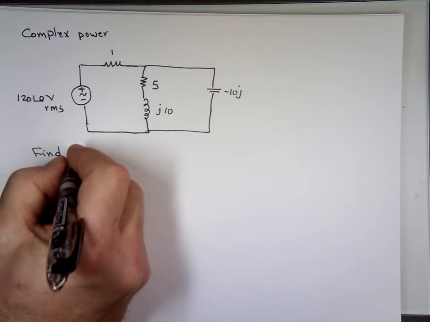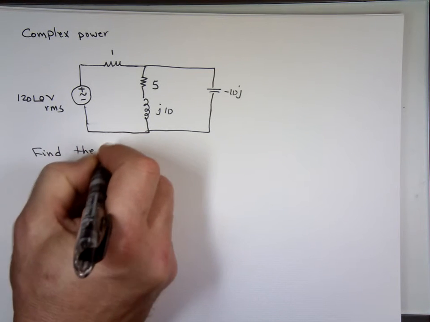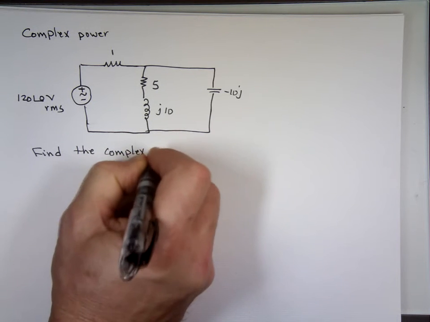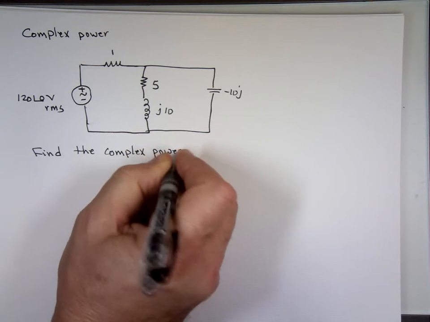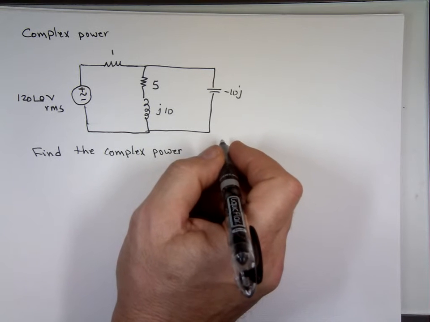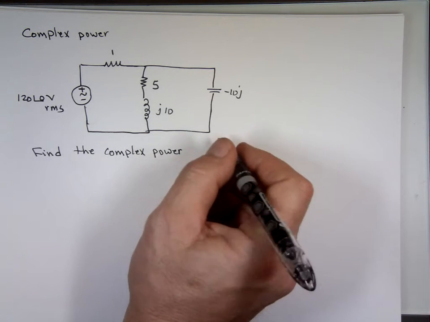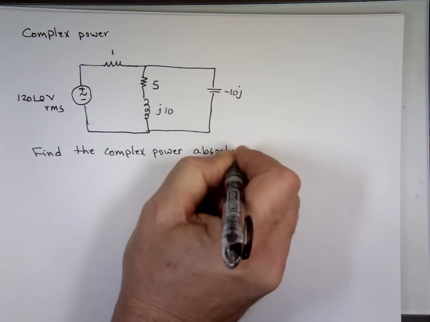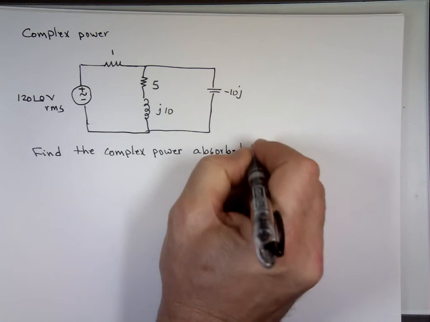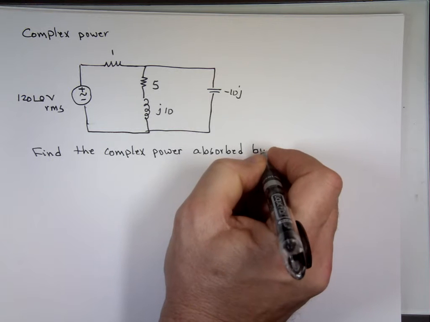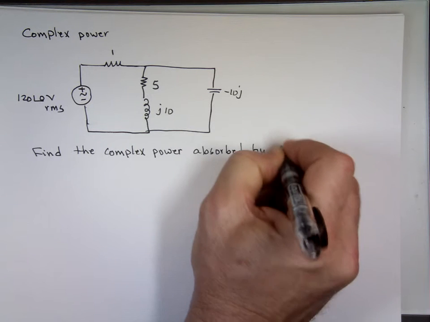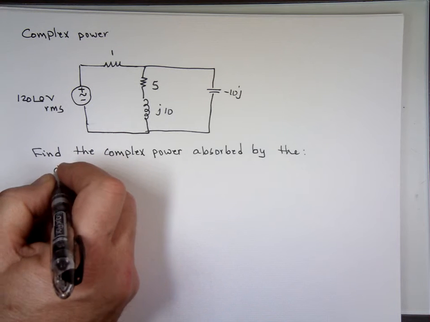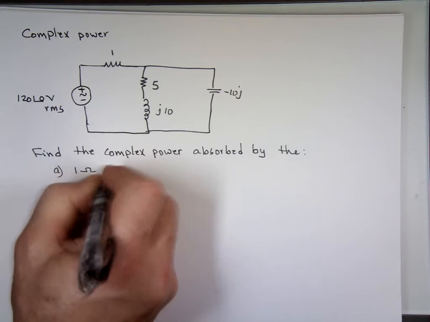To find the complex power absorbed by... here we go. Option A, we're talking about the 1 ohm resistor.